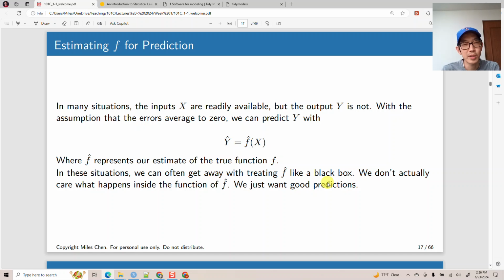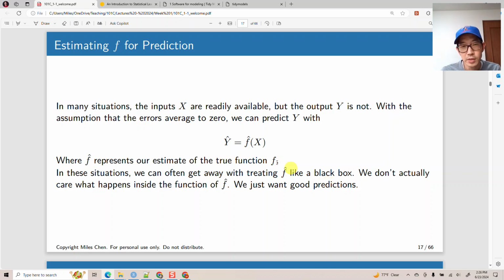Our f hat represents our estimate of the true relationship f. A lot of times we don't know what the true relationship is. We have to estimate that. Once we have the function, we plug in our x values, and we get predictions, and that's y hat.